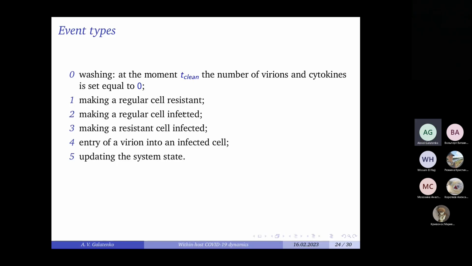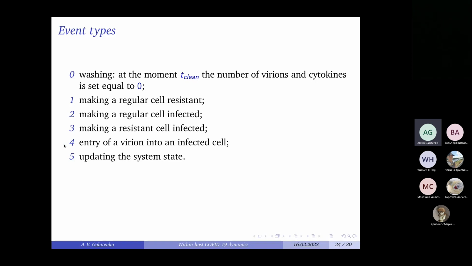A virion enters a regular cell and makes it infected. Type 3 is infecting a resistant cell, and type 4 is sort of wasting a virus. It just enters a cell that is already infected. Well, just gets wasted.